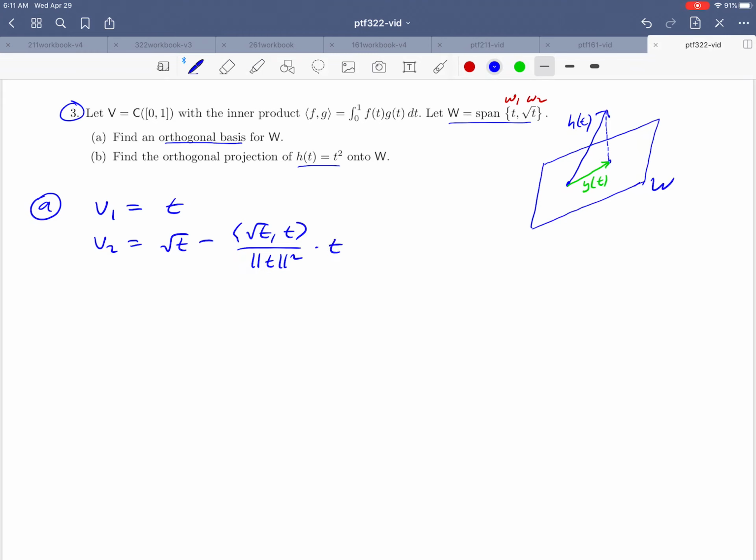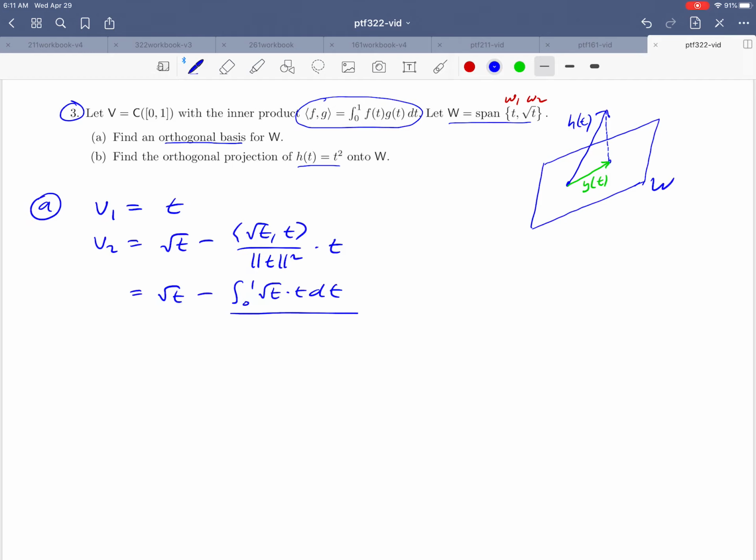Then we ask ourselves, what do we mean by inner product in this particular space? They tell us we're defining the inner product to be the integral of the product of our functions. So what we're being asked to calculate looks like this: the square root of t minus the integral from 0 to 1 of the square root of t times t.